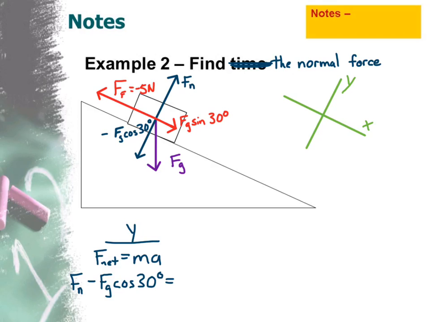Now that is equal to mass times acceleration in the y direction. Well, if my acceleration is all in the x direction, what does my acceleration in the y direction have to be? It has to be 0. There is no acceleration in the y direction in this rotated coordinate system.